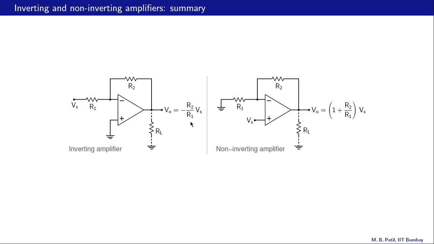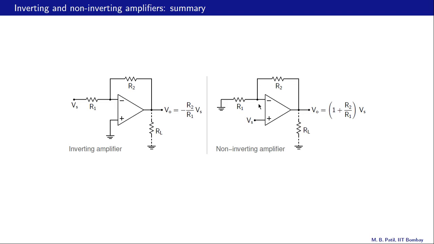And let us see where this term came about. V minus in this case was 0, and the output voltage was 0 minus this drop. And what we see here is essentially just this drop, because V minus was 0. On the other hand, for the non-inverting amplifier, VO has two terms, and these two terms came about because Vi is nearly Vs, and then there is this voltage drop.